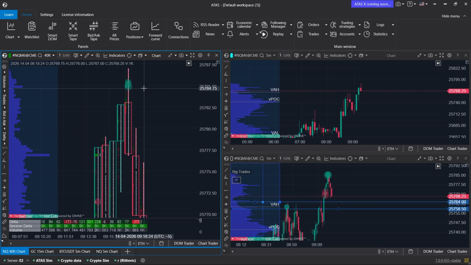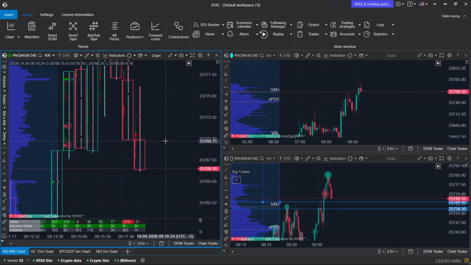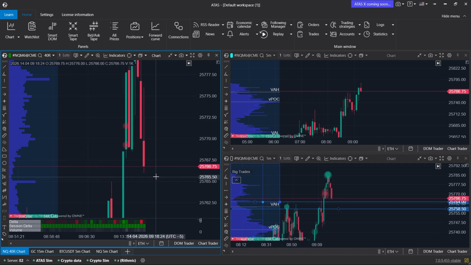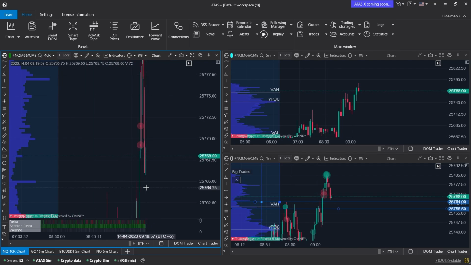The only thing that I'm worried about is these buyers that got absorbed, and it's not respecting these absorbed sellers also.